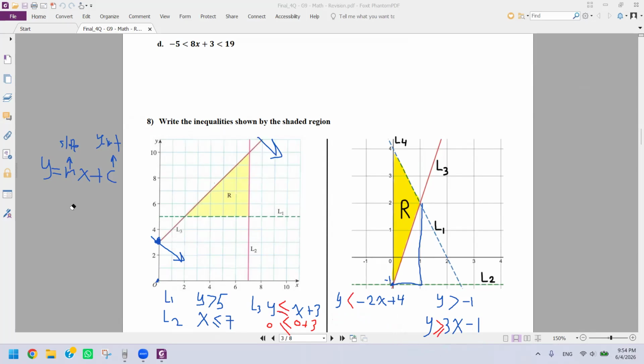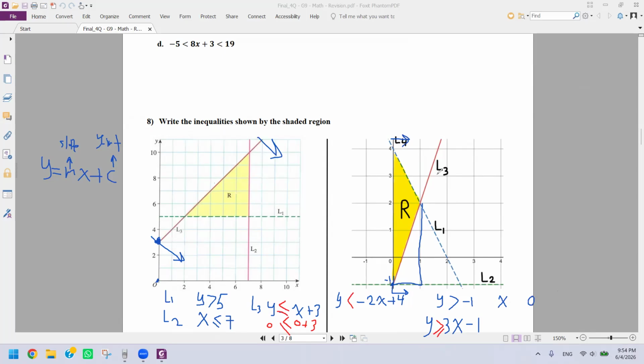Now line 4 is very simple. Line 4 is the same as the y-axis. It's the y-axis itself. And then it goes to the right. How do I get that vertical line? Remember, it's a vertical line. Vertical line means x. So we write x, 0.